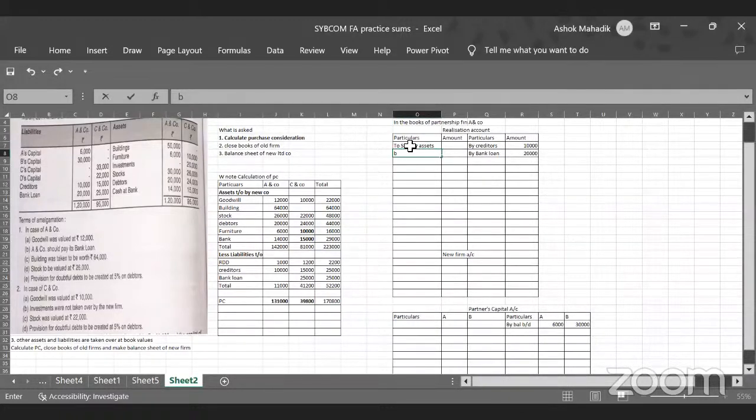So sundry assets includes building. What is the value? 50,000. Furniture is worth 6,000. Next investment is in C company. Don't take care. Stock 30,000.